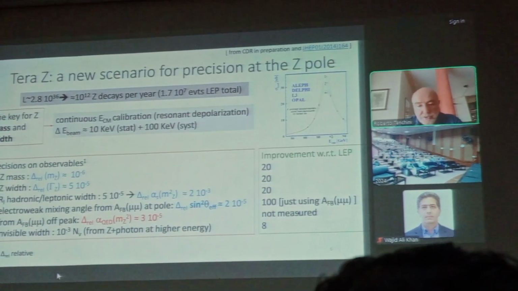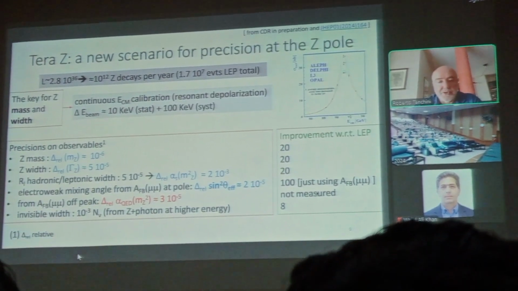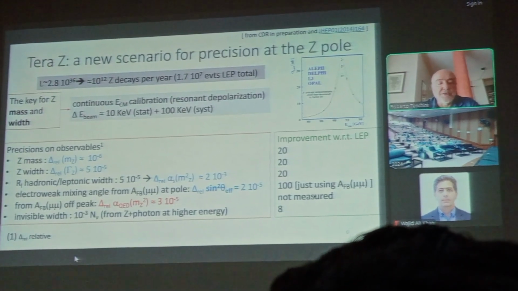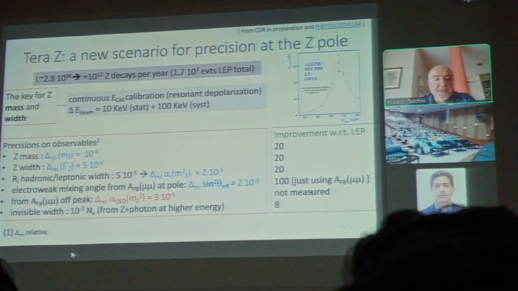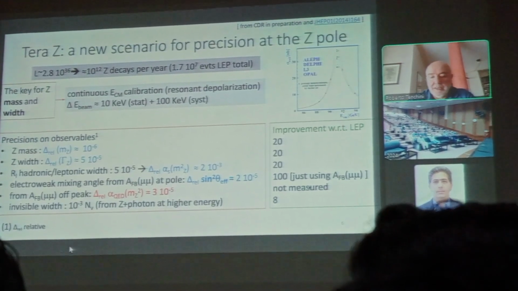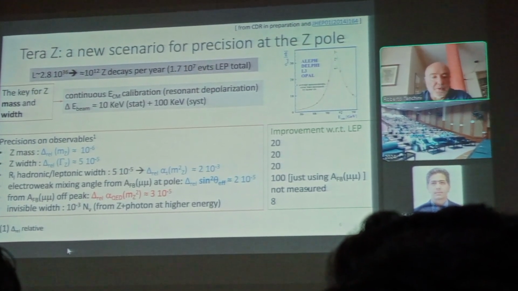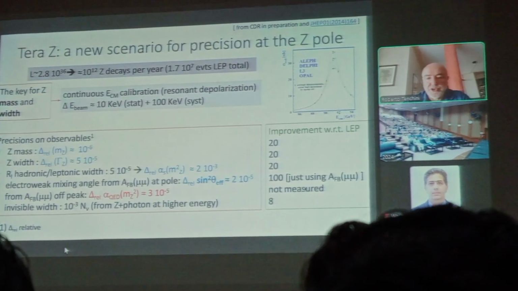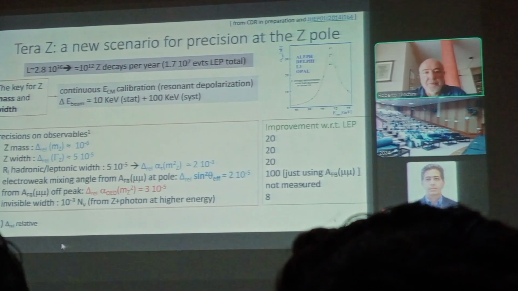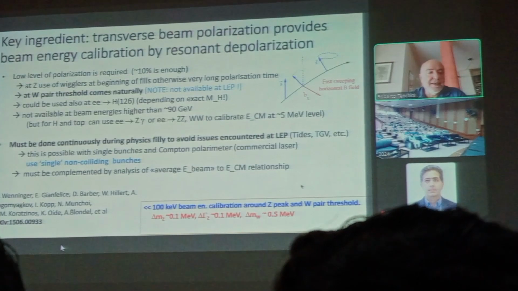It has never been measured, and it will be measured for the first time at FCC, so there is an important parametric uncertainty that will be taken away. So there is a key ingredient there.